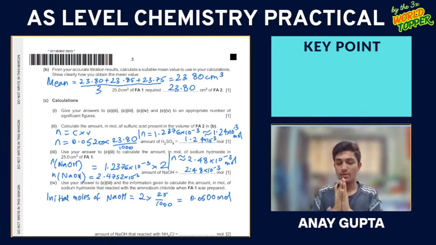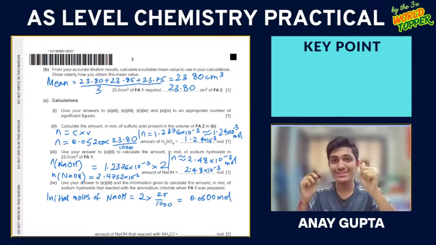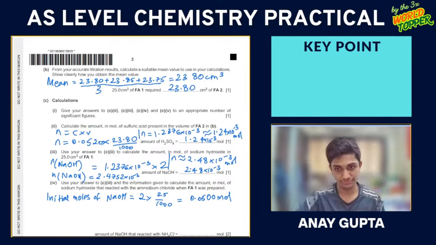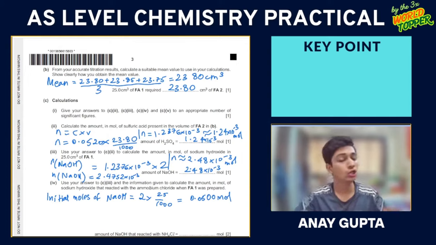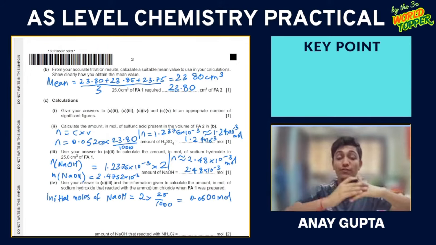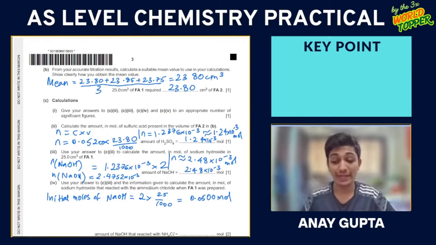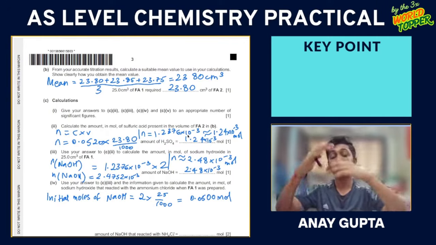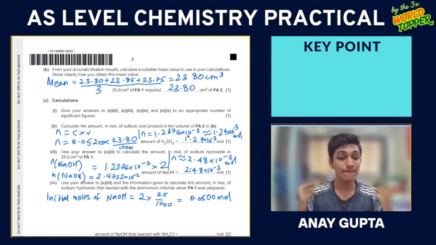Okay, so there was 0.05 moles of NaOH initially. Okay, so that means that if I took all of the 250 centimeter cube of Fa1 in my titration, the amount of NaOH or the amount of H2SO4 that would have reacted would be 10 times more, right?